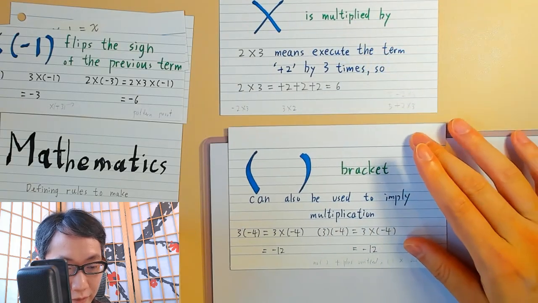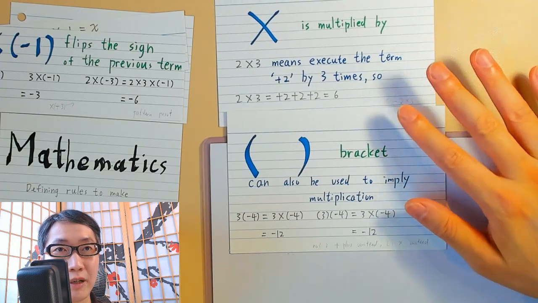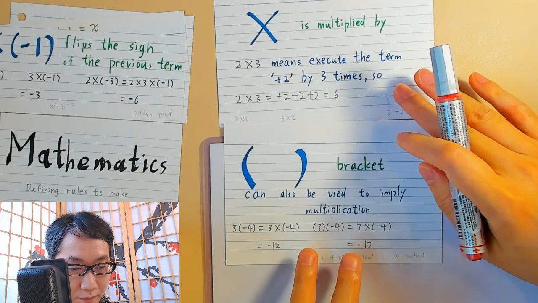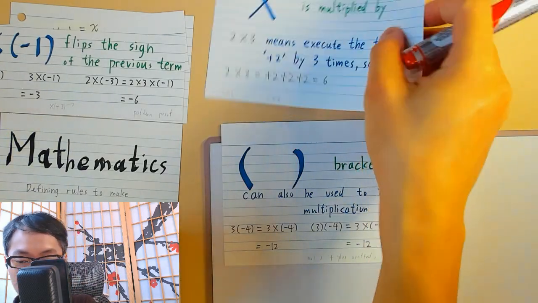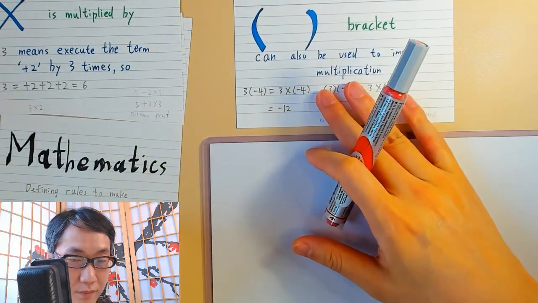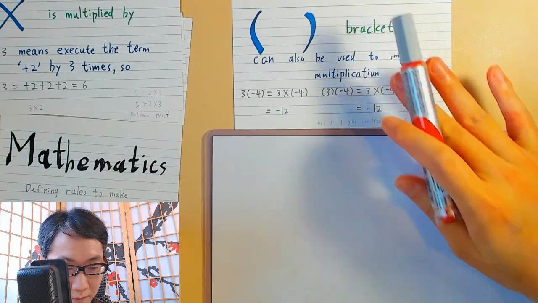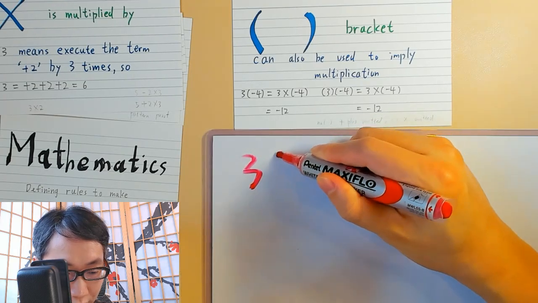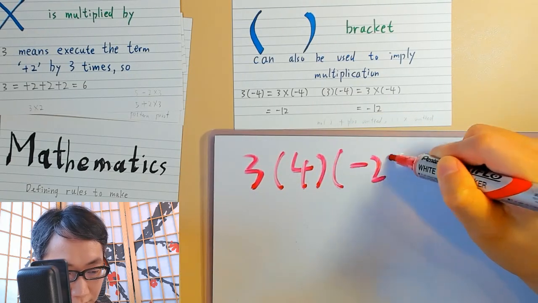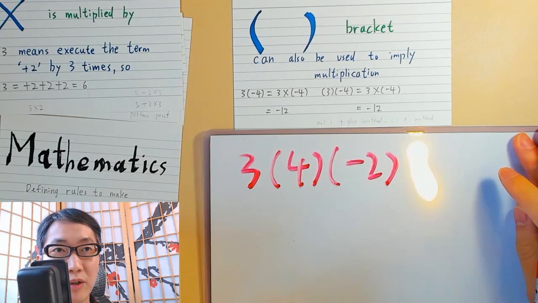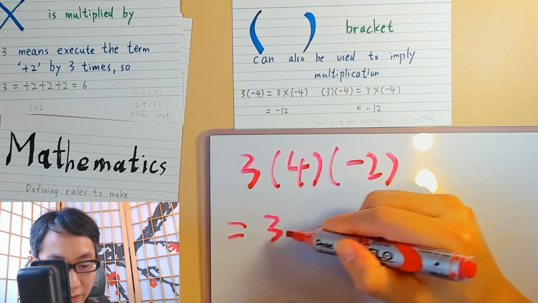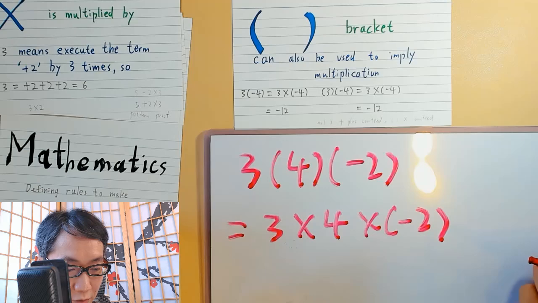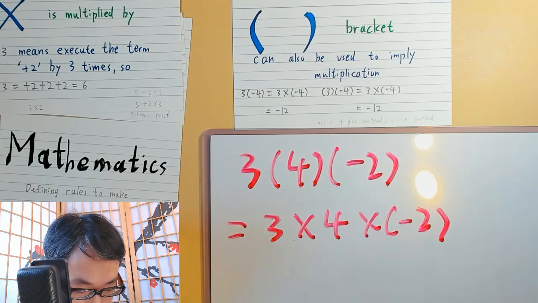From this, we can summarize some rules for when we are writing terms. If we put terms together with brackets, it means we are multiplying them. So this is equivalent to 3 times 4 times -2. It will be -6. Oh no, -24.